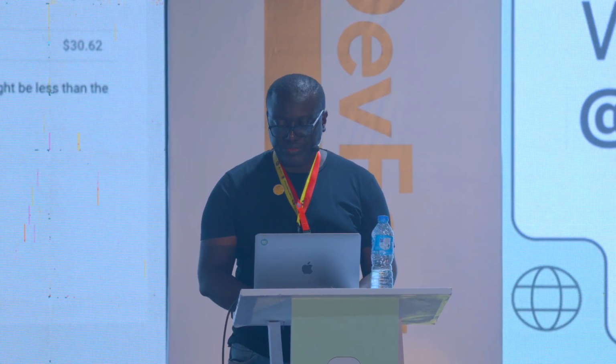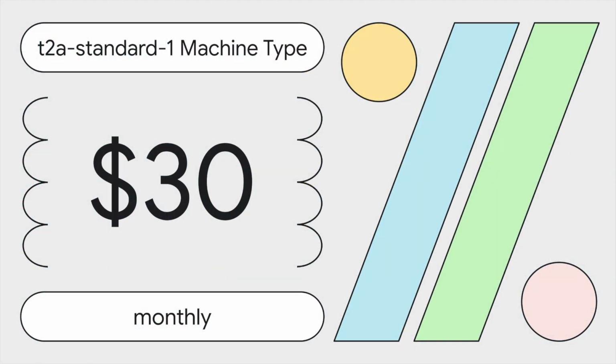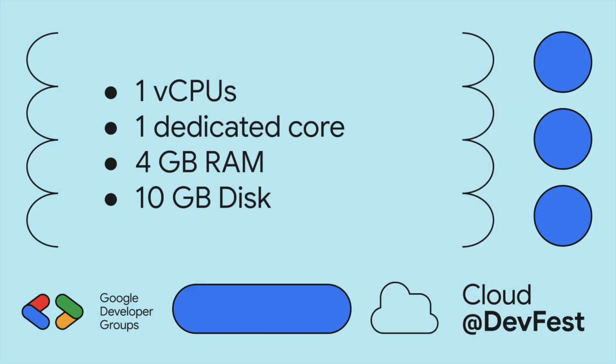But the point here is we're not using a shared core, okay? And so if we choose to use the T2A standard 1, it's going to cost us $2 more, or $6 more if we look at the 3-node setup, okay? So here we have 1 virtual CPU, but it's a dedicated core, 4 gigs of RAM, 10 gigabyte disk, okay?